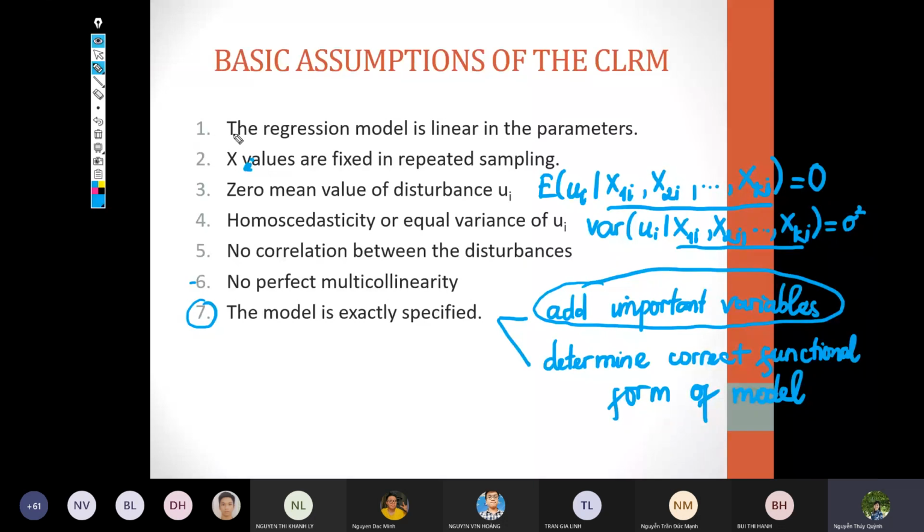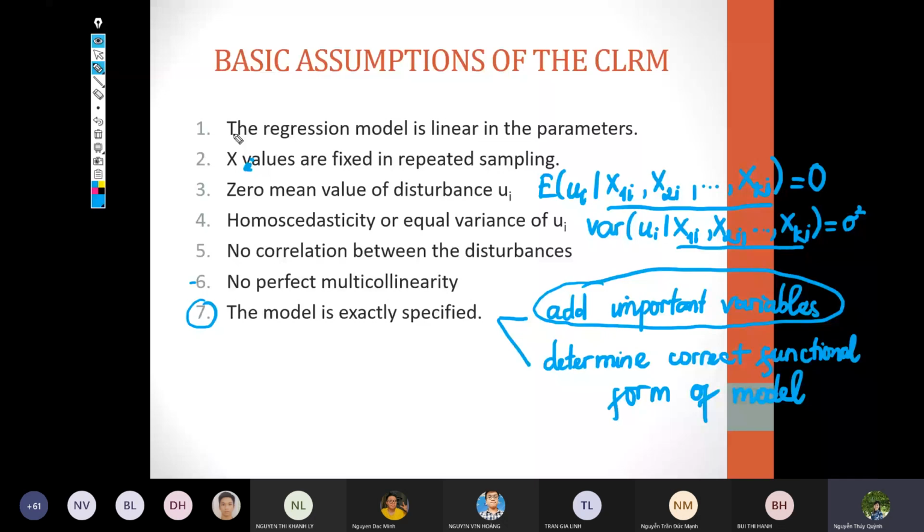I think yes. Yes? Okay. Remember that when we cannot add the important independent variables into the model to explain the dependent variable y, what will happen to the OLS estimators of the model?